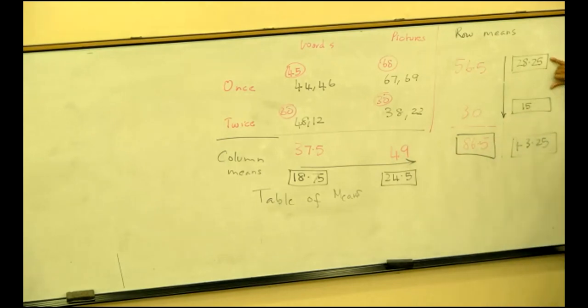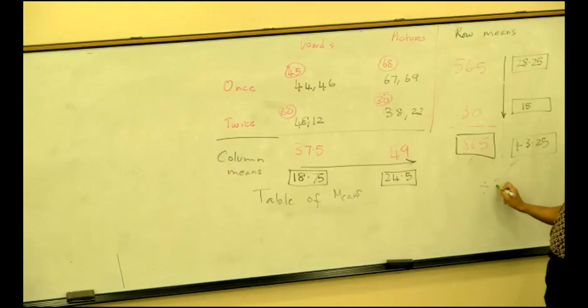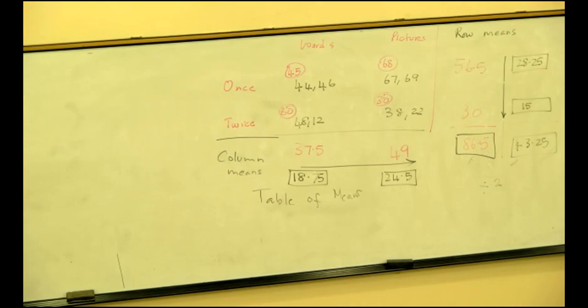The numbers that are boxed, you don't have to find them, but this is needed. So you divide by 2 to get 43.25.